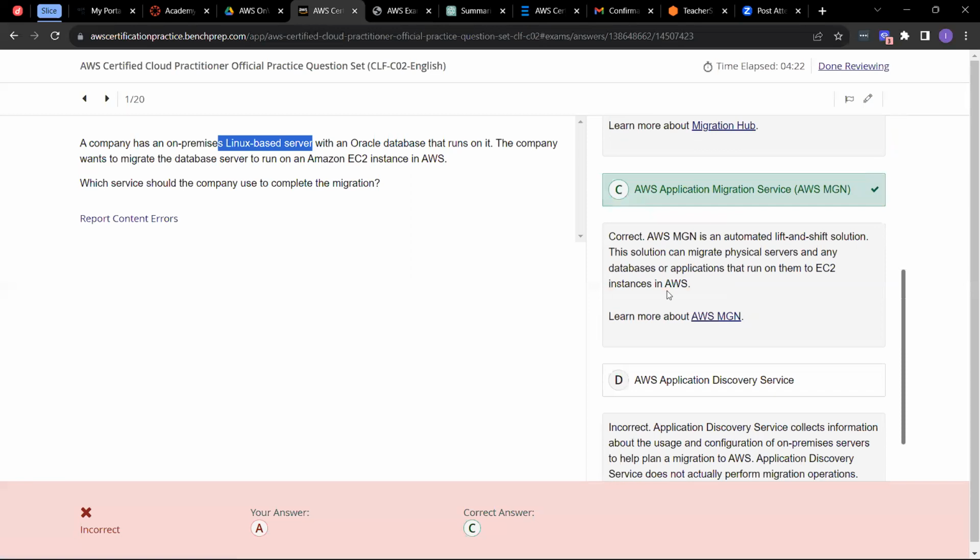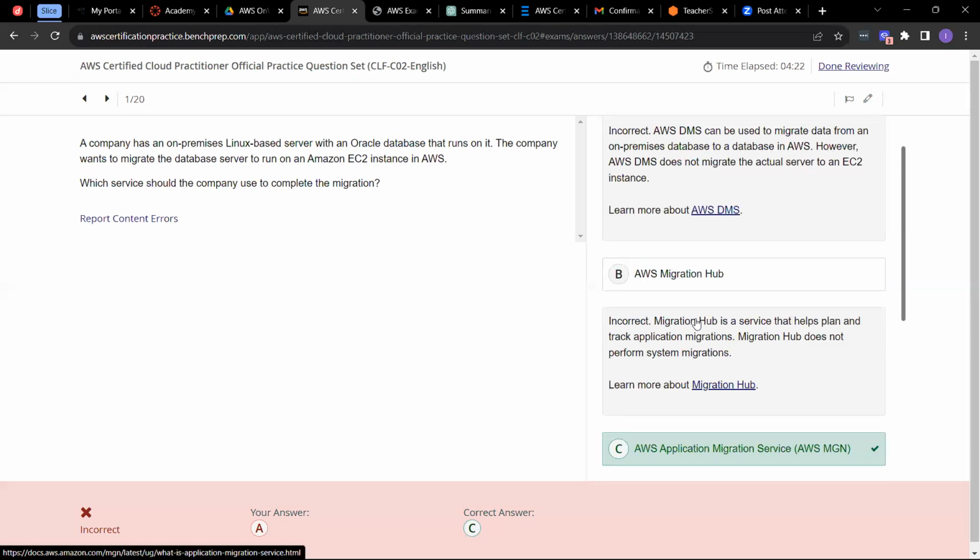That one we are not privy to, but we got to understand that the application migration service is suitable for this one. And as I said, AWS has a model called lift and shift, right? So you lift a whole application and its server that is hosting it, and then you put it on an EC2 instance. So you are not leaving the database behind, right?